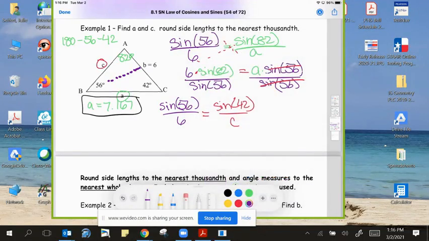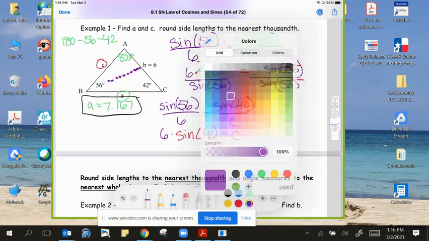Okay, cross multiply to solve. It'll be 6 times sine 42, equal to C times sine 56.